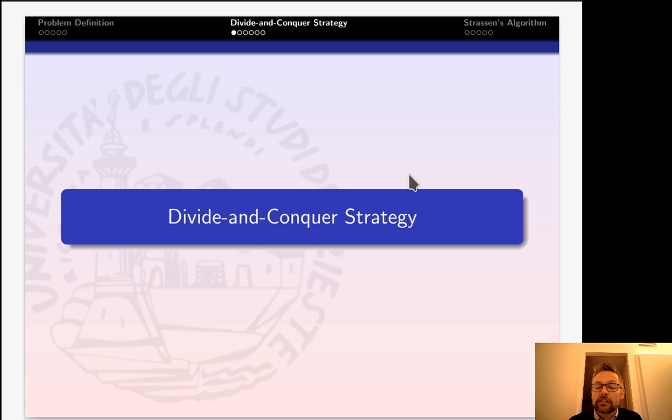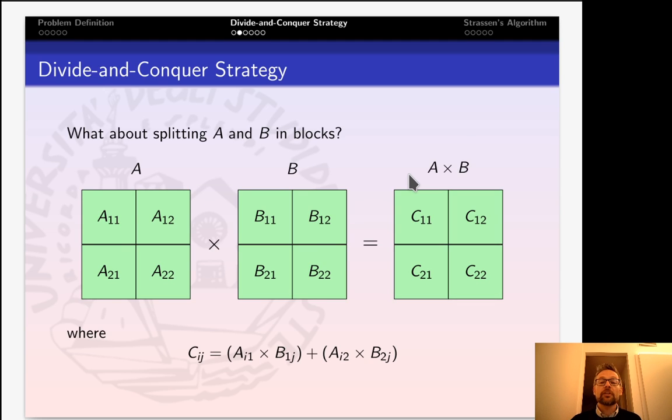Let's see the divide and conquer strategy. What about splitting the two matrices A and B into blocks to solve our problem?